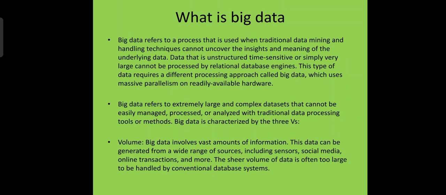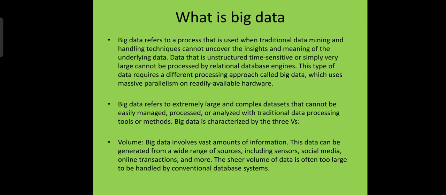It cannot be processed by a relational data engine. This type of data requires a different processing approach called big data, which uses massive parallelism on readily available hardware. So big data refers to extremely large and complex datasets that cannot be easily managed, processed, or analyzed with traditional data processing tools or methods.